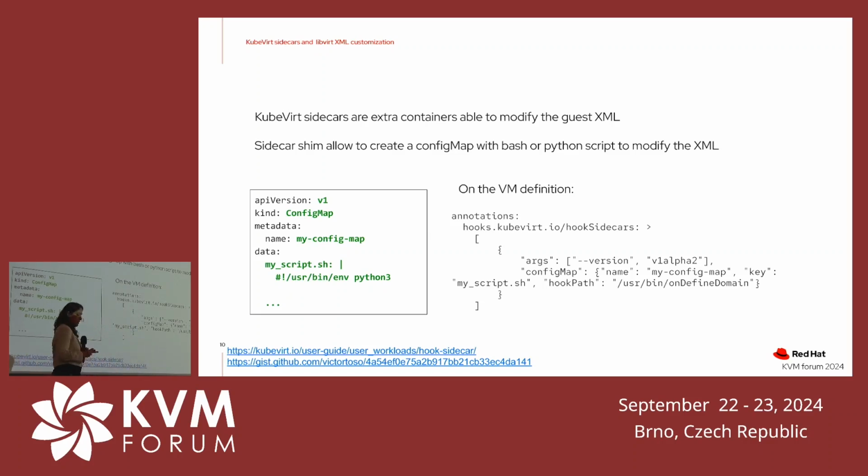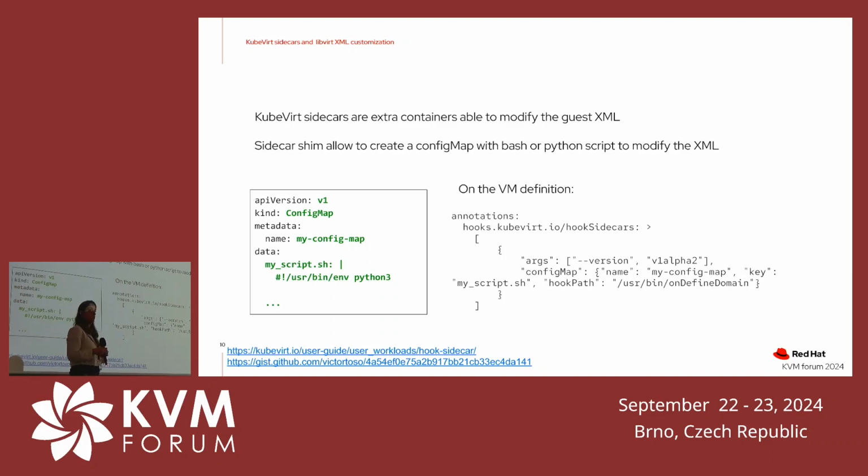Again, we need something called config maps. For those that don't know what a config map is, it's a Kubernetes object that allows you to create a file inside the container. So in the config map, we are creating a Python script that modifies the XML.